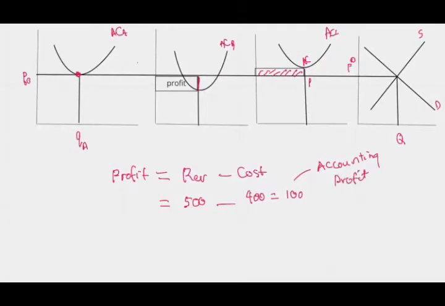But if you ask an economist, he will say, no, that is not his profit. He earned 100 taka. His cost of production was 400 taka. But if he was not doing this business, he would have earned another 200 taka as a day laborer. So how much is his profit now? Minus 100.